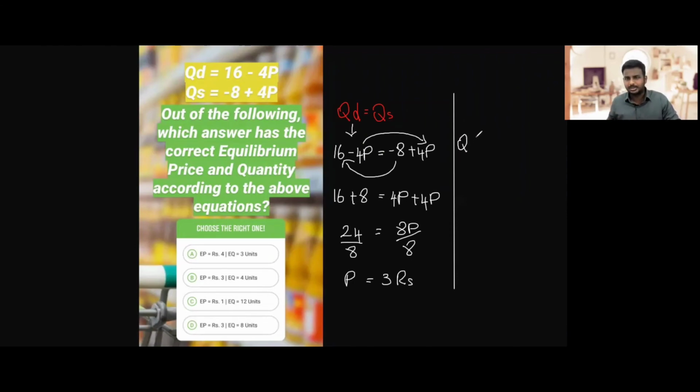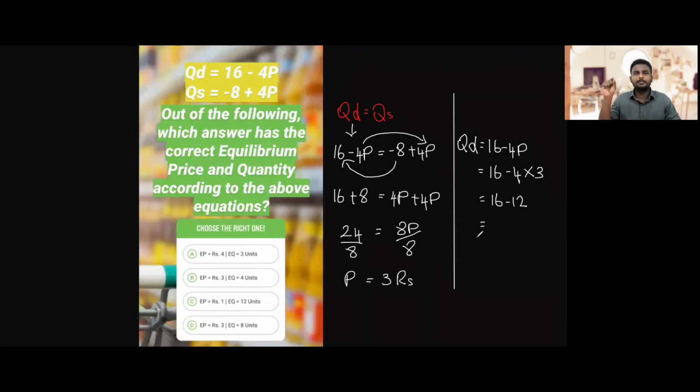So the demand equation is QD equals 16 minus 4P. Then in the place of the price, you put the equilibrium price, which is 3. So 16 minus 4 multiplied by 3, 16 minus 12.